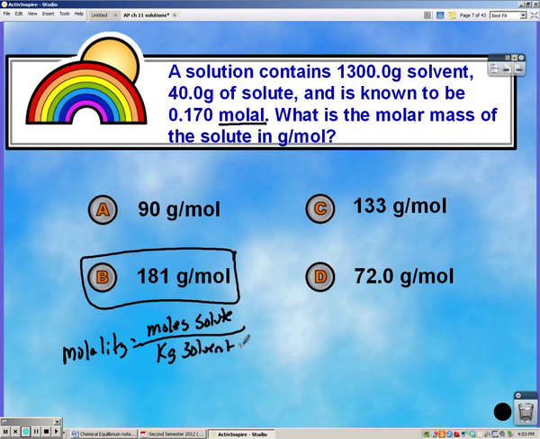We plug in our molality, and they didn't give me moles of solute, but I do know how much solvent I have. So I can convert my 1,300 grams of solvent into kilograms. Again, divide by 1,000. So I get 1.3 kilograms solvent.